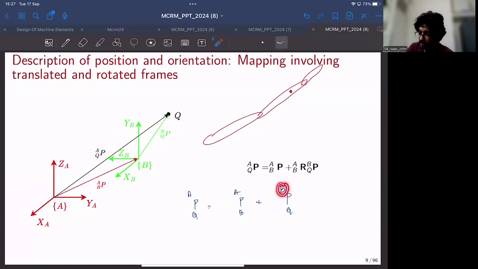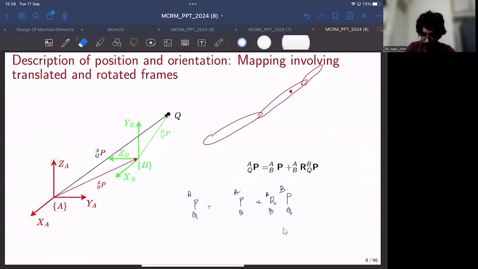So to bring this vector, vector P with respect to Q, we have to pre-multiply it with rotation matrix ARB, which depicts the orientation between frame B and frame A. Now everything is expressed with respect to frame A. That is how one would do that.